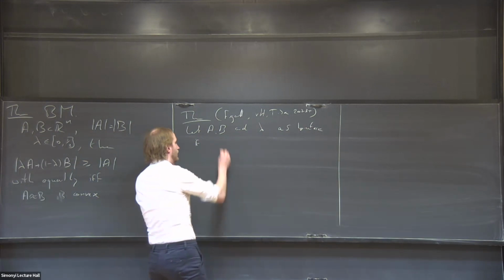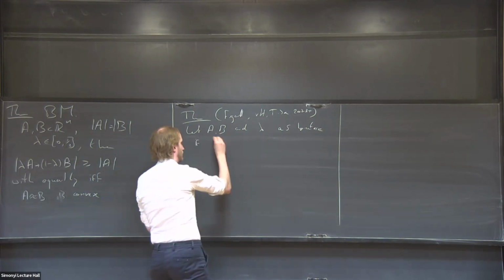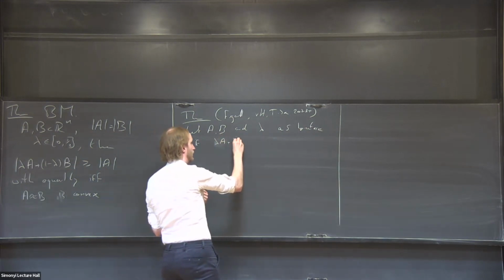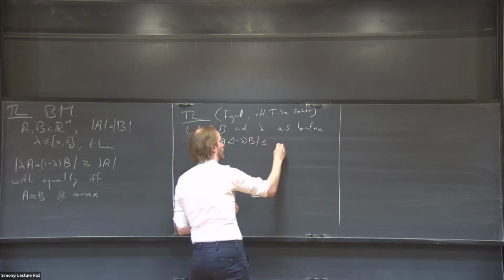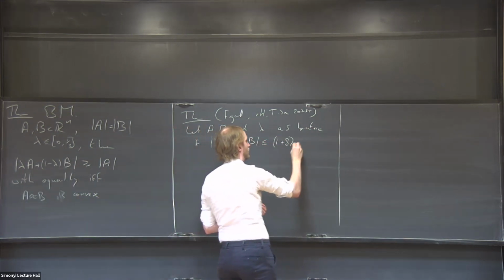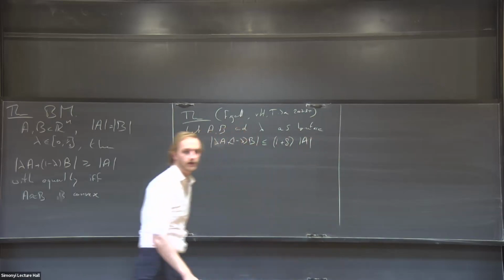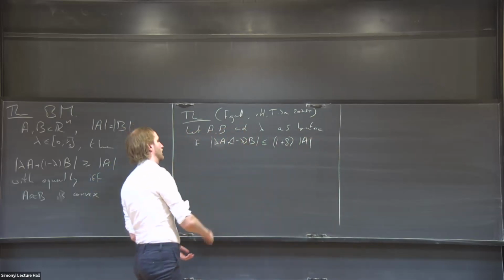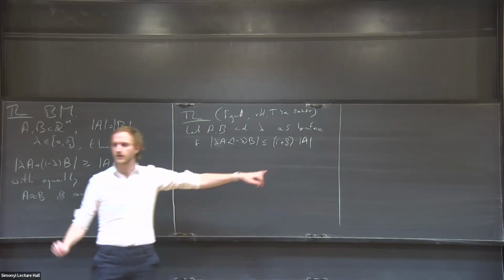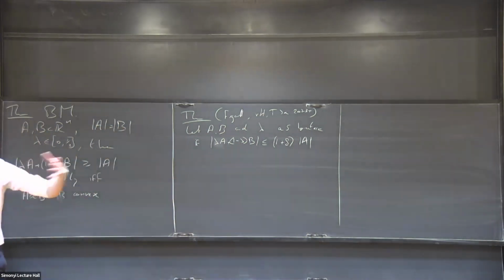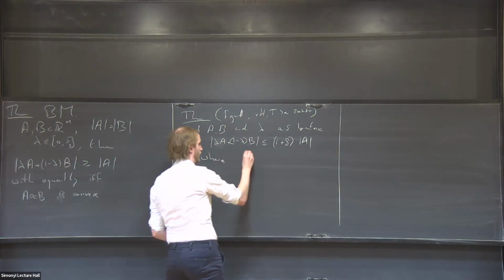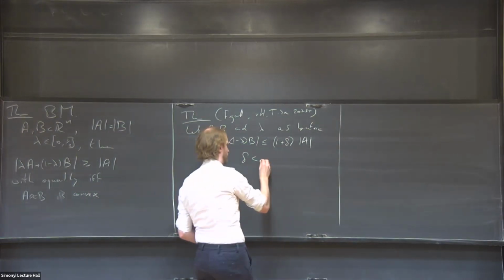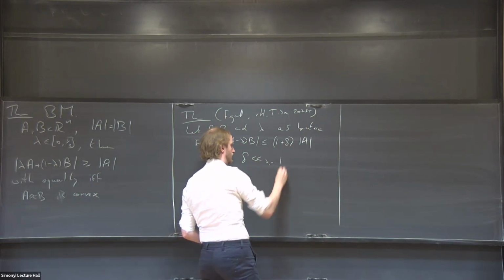And now, if my average is not much larger than A, by delta, and here I'm going to ask that delta is not too large, where delta is small in terms of lambda and n.